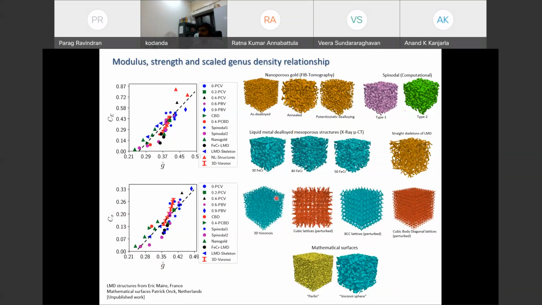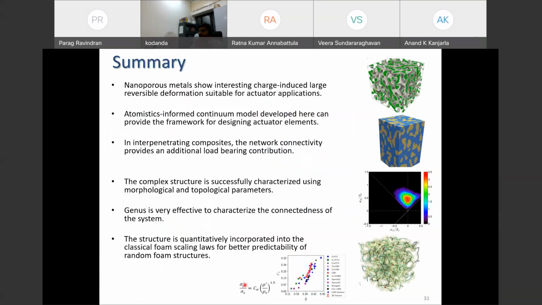We took a large variety of structures over a wide range, and we see that the mechanical properties, so these are the factors that relate the relative density to the relative modulus and relative strength, are pretty much quietly related. So once that relationship is known, we can establish the quantitative connection between the internal structure and the mechanical properties.